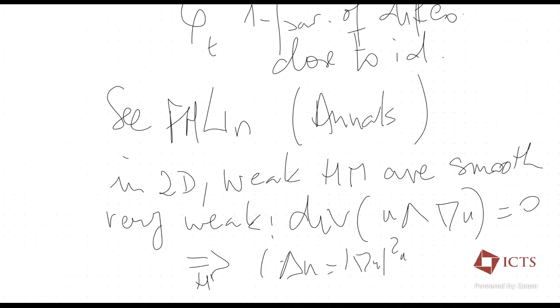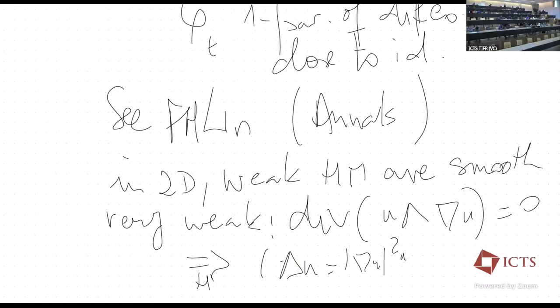But if you look at sections of connections on vector bundles, then it would have codimension 4 bounds.